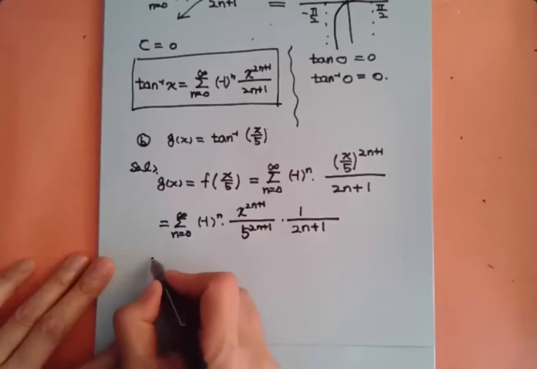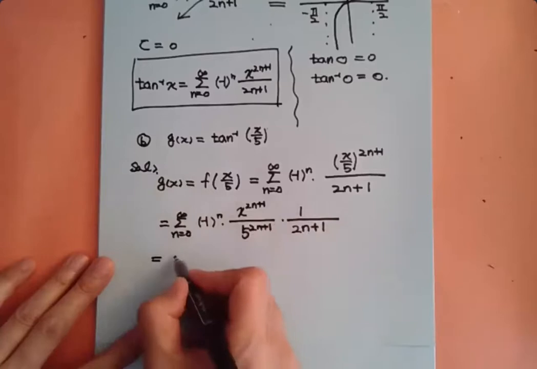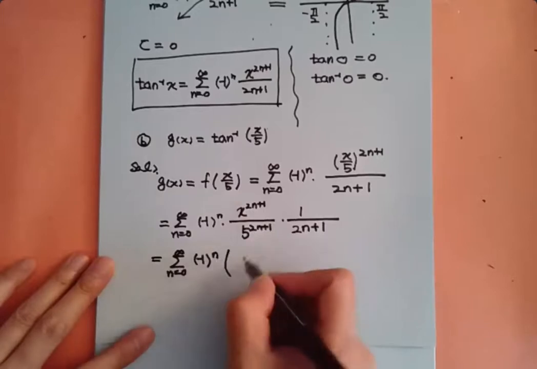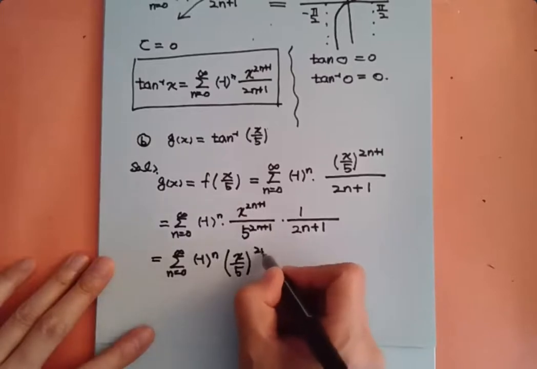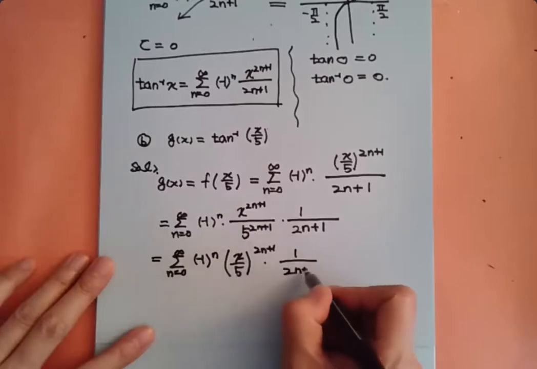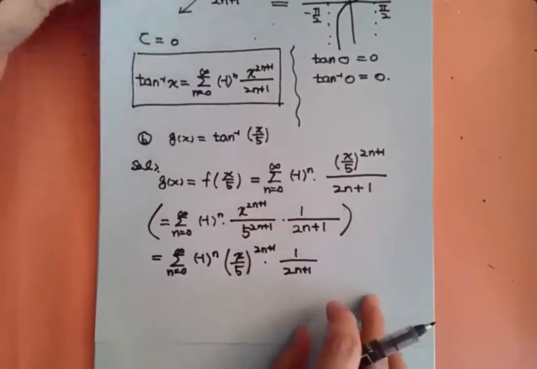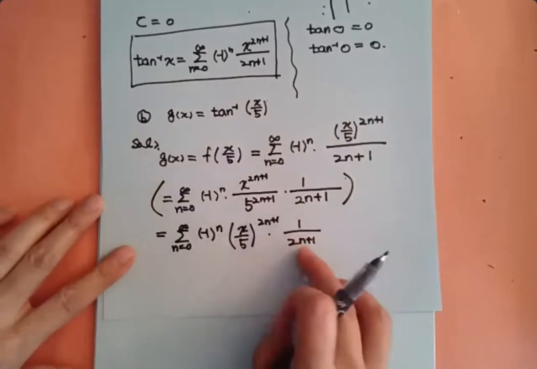So actually, I think probably it was better to combine all those things. And so n equals 0 to infinity, (-1)^n, (x over 5)^(2n+1) times 1 over 2n plus 1. So this one had to be skipped. So just a numerator times 1 over denominator.